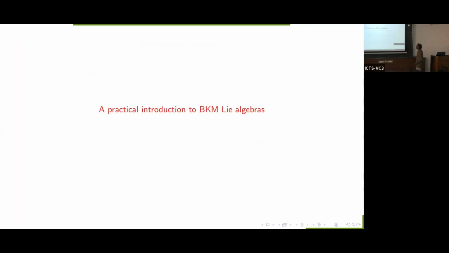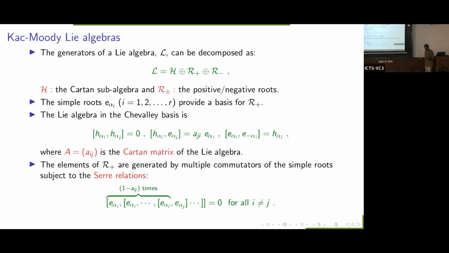Here I just want to set notation a little bit, nothing more. We know that we have this decomposition into the Cartan and positive and negative roots. For any Lie algebra, just like you have for SU2, J plus, J minus, and J3.